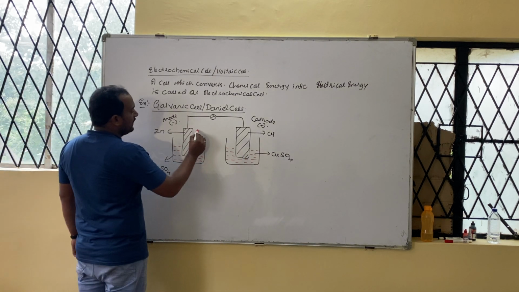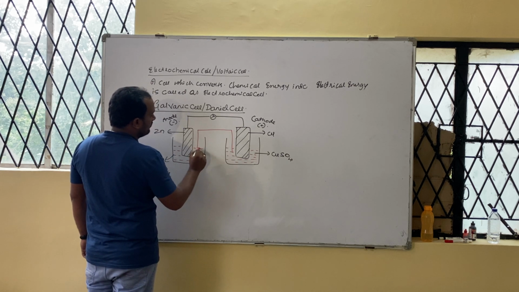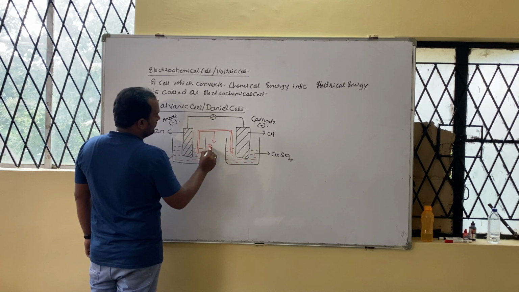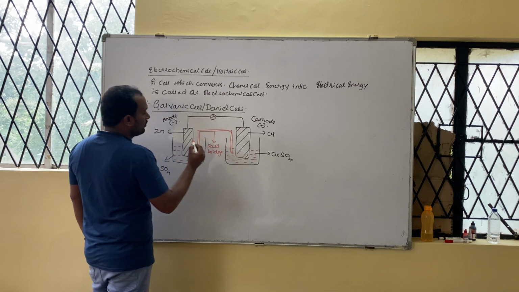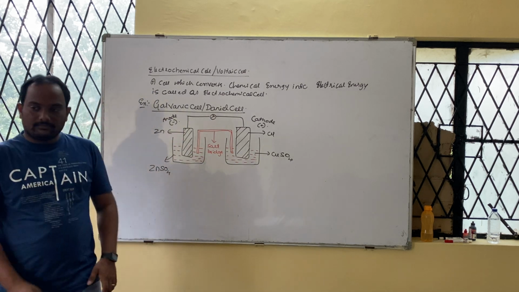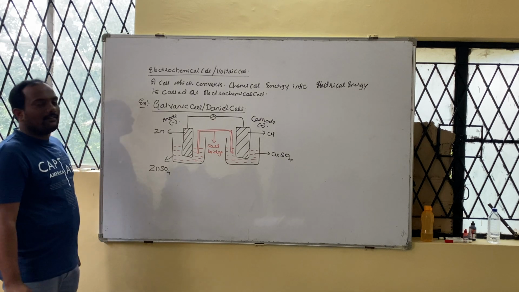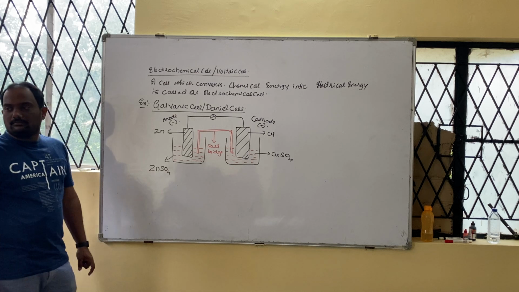So in between them there is a salt bridge to be drawn. I will explain why this salt bridge is required in tomorrow's class explanation. Then electrons will travel from where to where? Electrons are given at the anode.